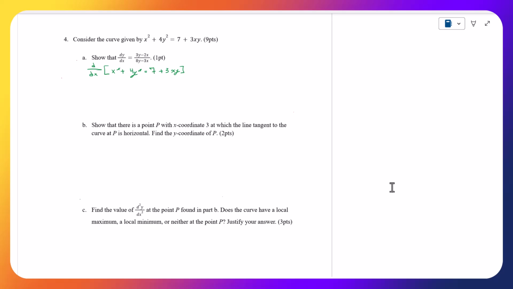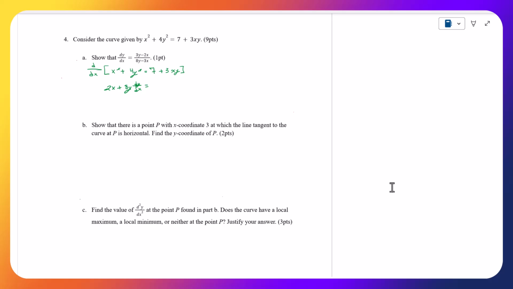Derivative of 4y squared, that's going to be 8y times dy over dx. The derivative of 7 is 0. The derivative of 3xy, we're going to have to use the product rule here. We're going to end up with 3y plus 3x dy over dx.